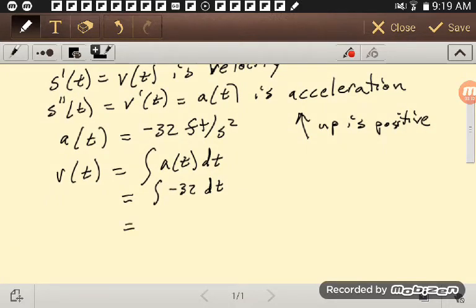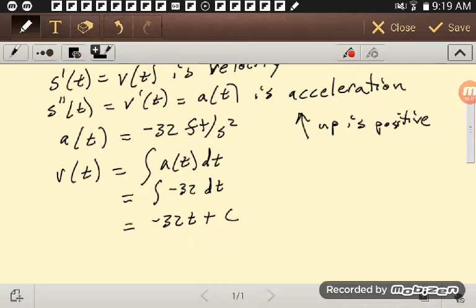The antiderivative of a constant is a power rule, and t has the power 0 on it, so we add 1, divide by 1, and we get minus 32t plus c. So we get an initial constant there.